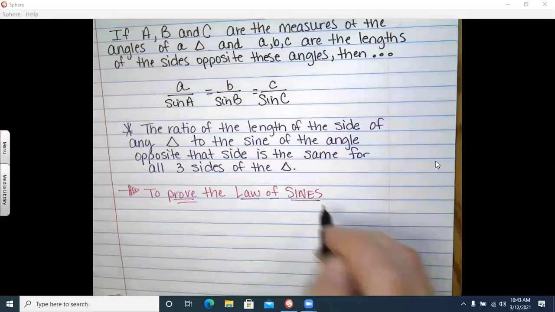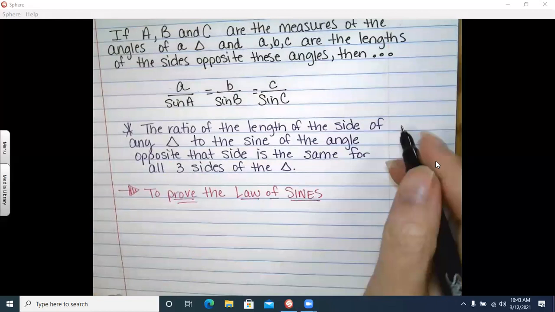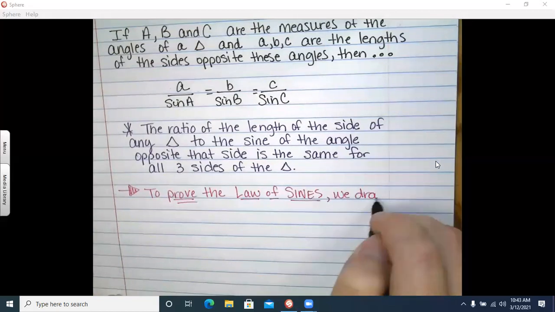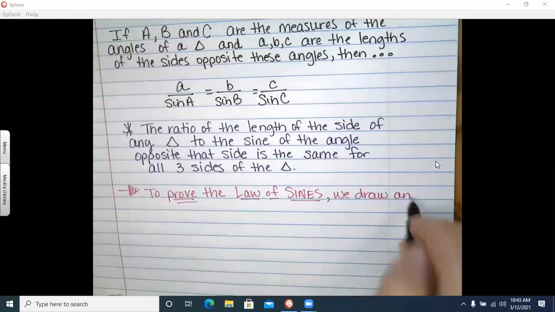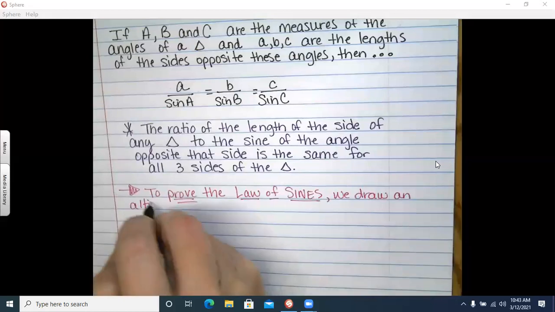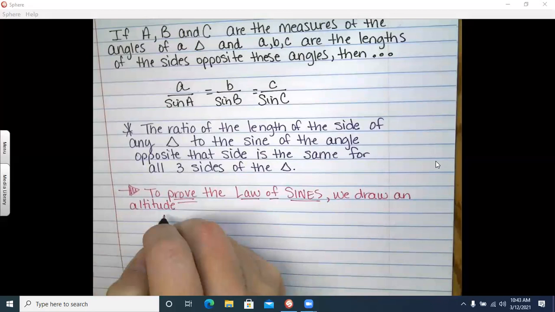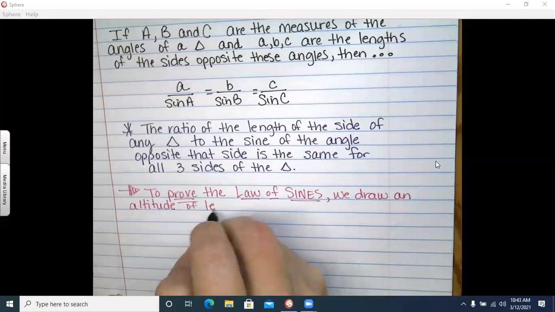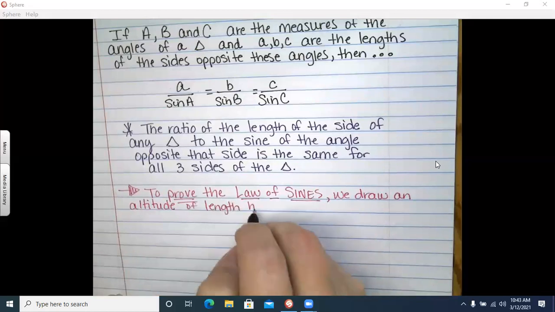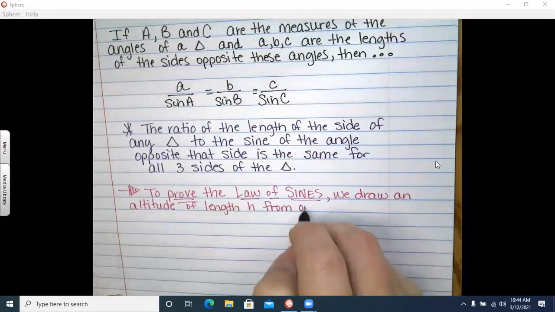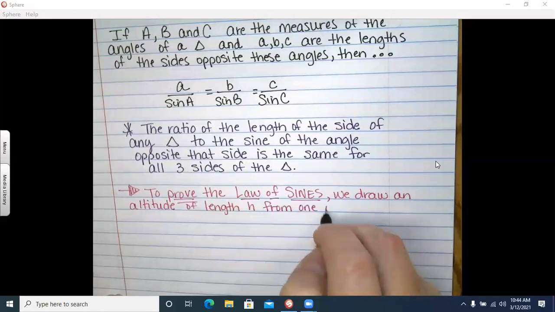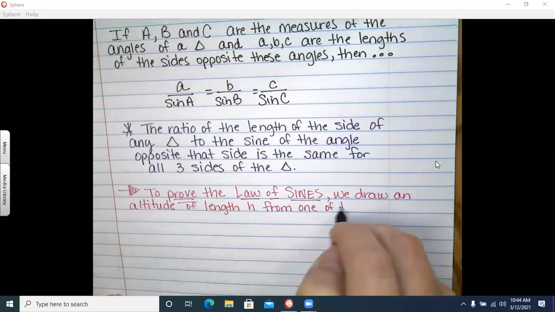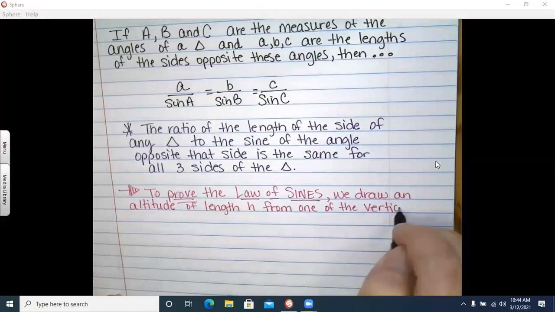We draw an altitude of length h from one of the vertices of the triangle. What do I mean when I say vertices? It's plural for vertex.